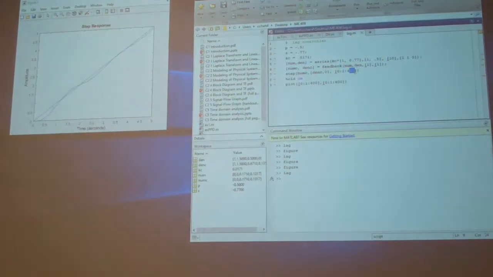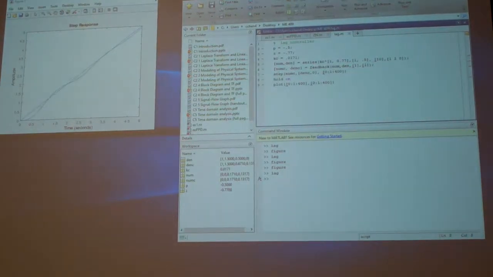So let me set this back to 4, and this is 0.25 and 0.377, and then KC 0.249.